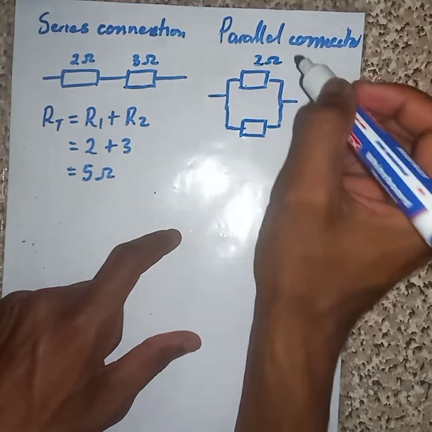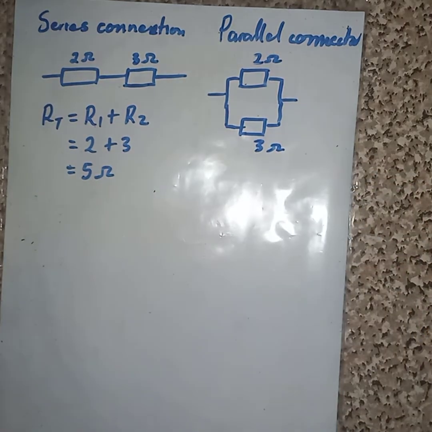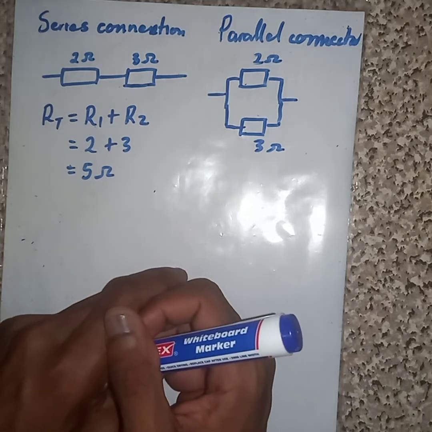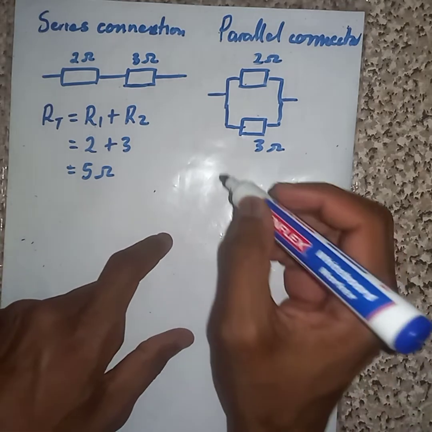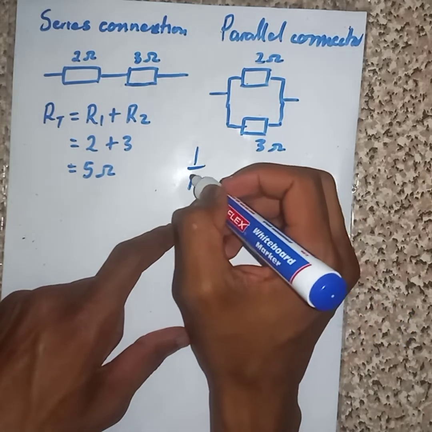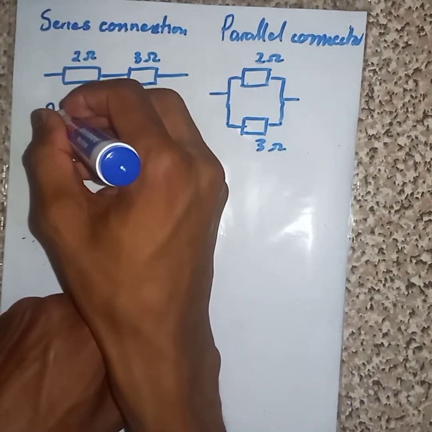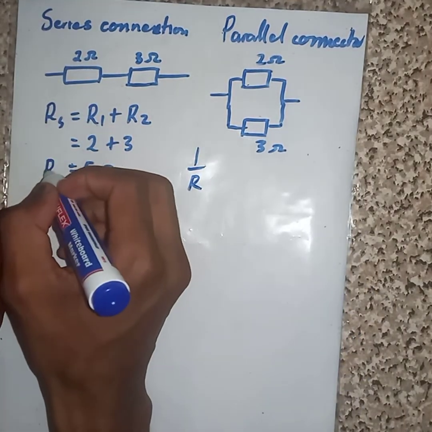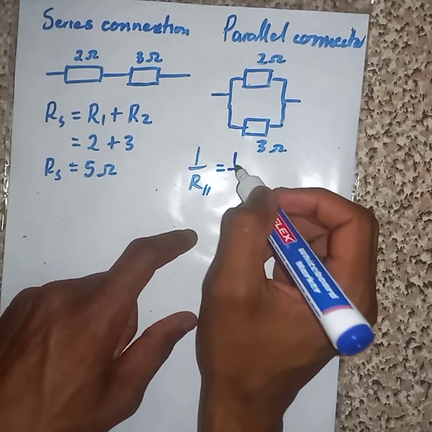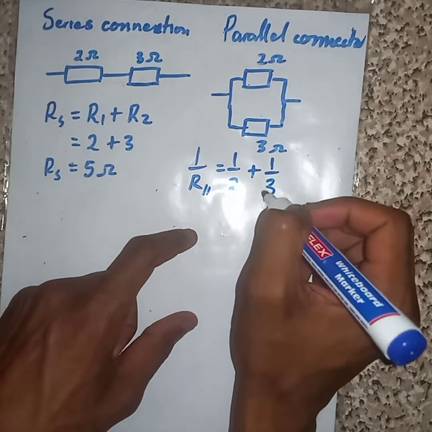Say this one is 2 ohm and this one is 3 ohm. And now let us calculate the total resistor in parallel connection. How are we going to calculate them? We use this formula, R parallel. It's going to be 1/2 plus 1/3.